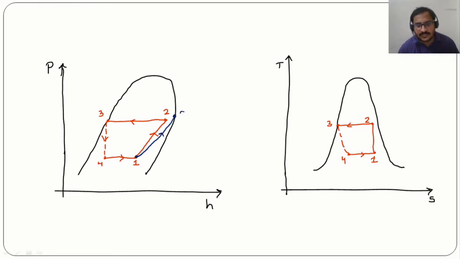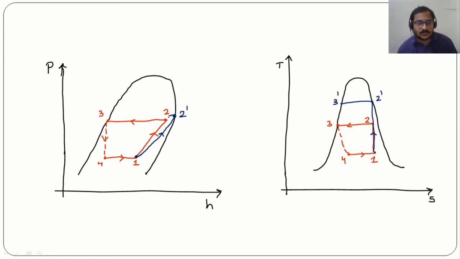So let us say this is 2 dash, and here 1 to 2 dash isentropic compression has to take place, and this should come out in the dry saturated state. Then 2 to 3 dash, this is 2 dash, this is 3 dash, this is phase change.